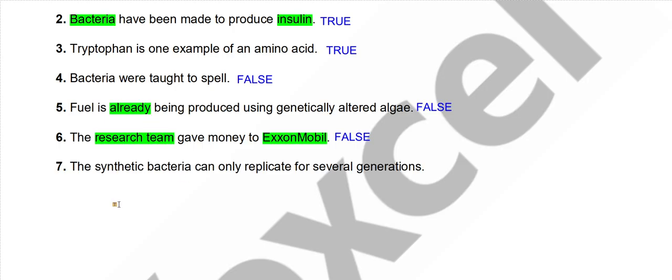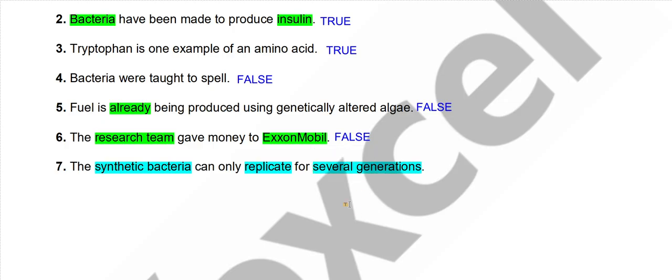Last question: the synthetic bacteria can only replicate for several generations. The answer will be true when synthetic bacteria has the capability to replicate, meaning to reproduce, regenerate, for several generations, not for one or two generations, but for many generations.